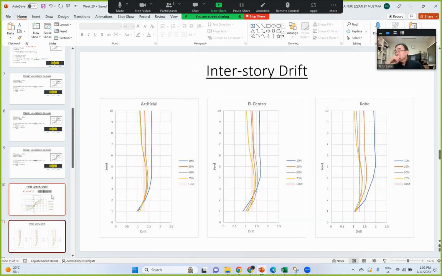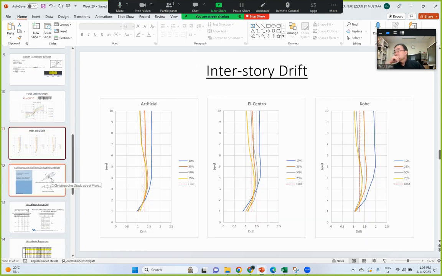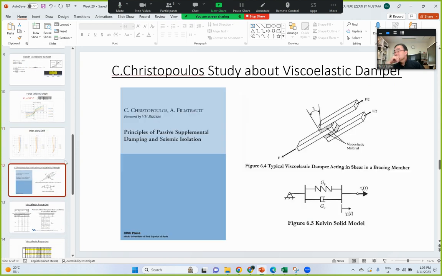I have a few things to show you. I found this reference book, Sensei, by Christopoulos. Do you remember last time I showed some paper regarding Christopoulos?